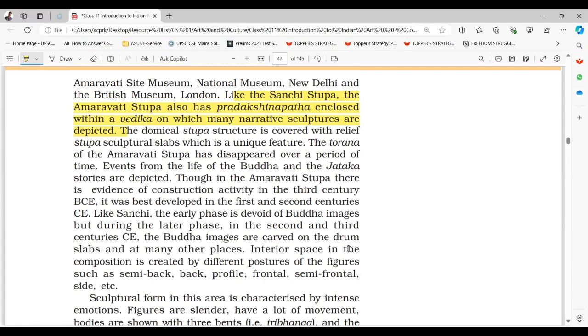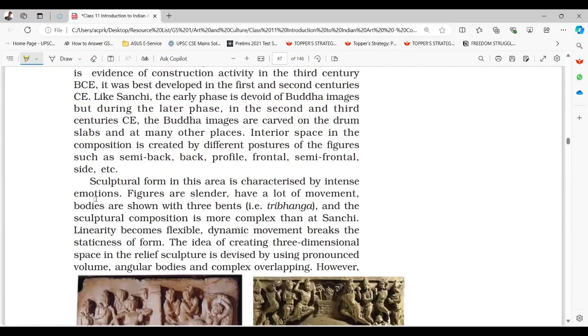Interior space in the composition is created by different postures of the figures such as back, profile, frontal, semi-frontal, side, etc. Sculptural form in this area is characterized by intense emotions. Figures are slender, have a lot of movement.